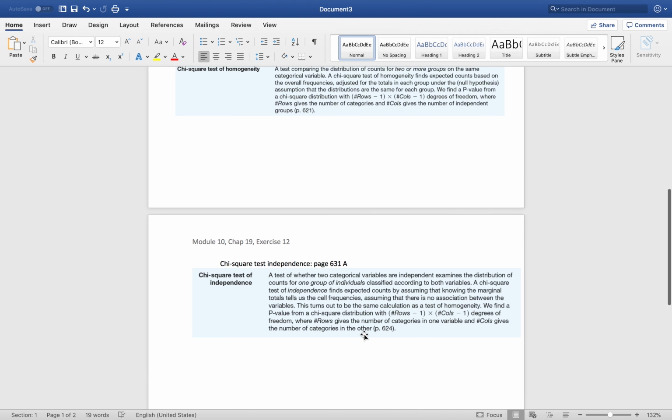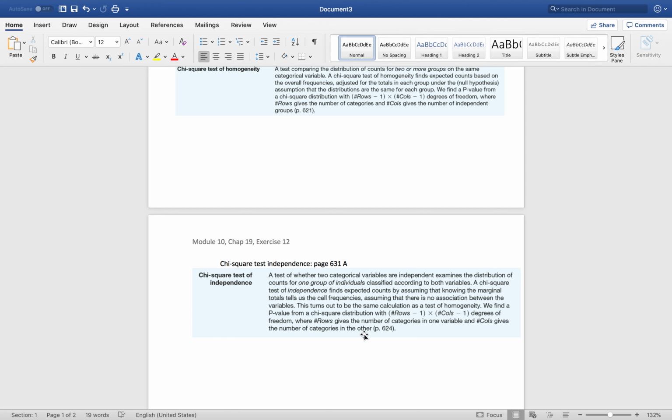For the last one, it's chi-square test of independence, and these two are very similar. A test of whether two categorical variables are independent examines the distribution of counts for one group of individuals classified according to both variables. A chi-square test of independence finds expected counts by assuming that knowing the marginal totals tell us the cell frequencies.